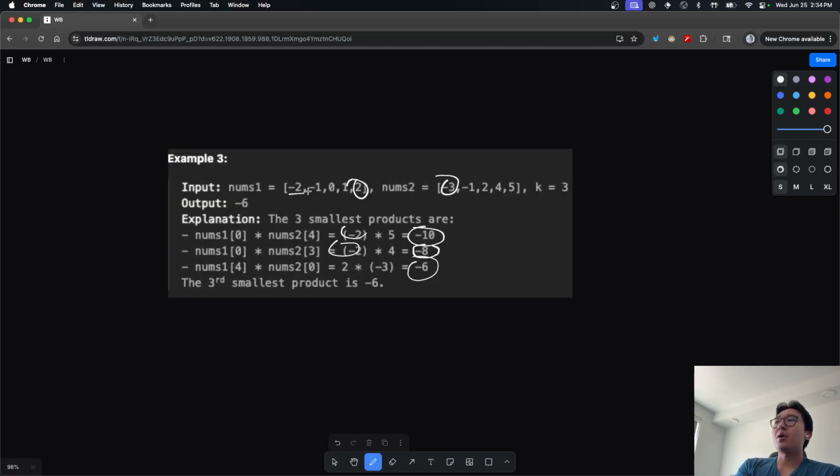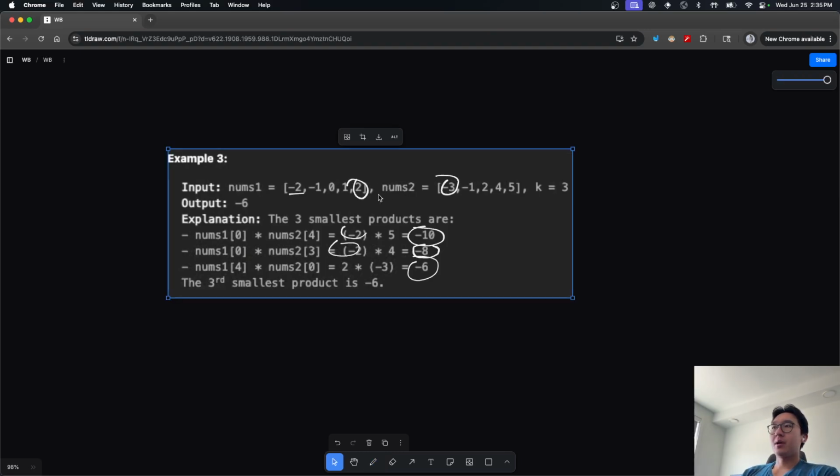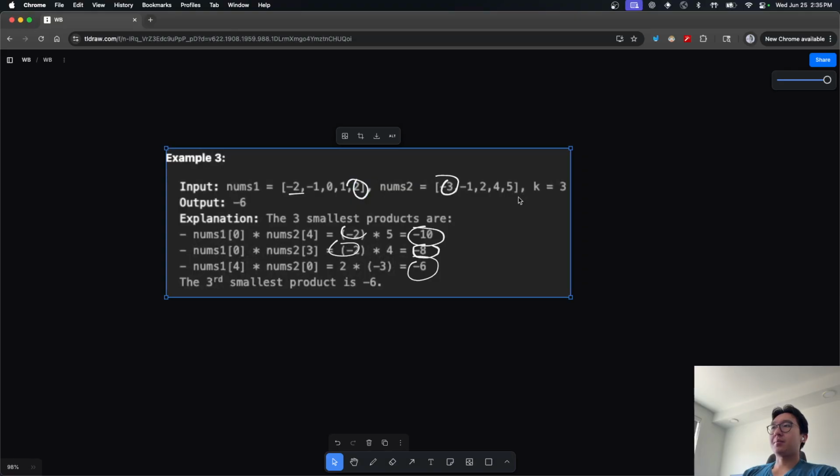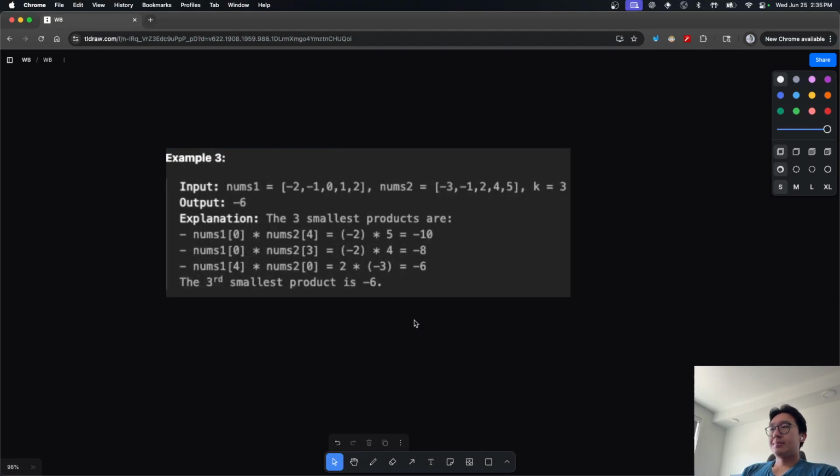Or maybe, since it's already sorted, we don't need a heap. We can use a stack, right? Putting the opposite, we pop left, negative 2, and then we pop right, and at some point we want to switch to negative 3, that's the problem.